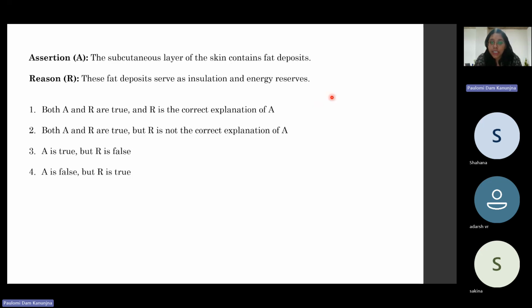The subcutaneous layer of the skin contains fat deposits, and these fat deposits serve as insulation and energy reserve. I think this is very easy. I mean, this is something that we shouldn't even think twice about because this is very easy.